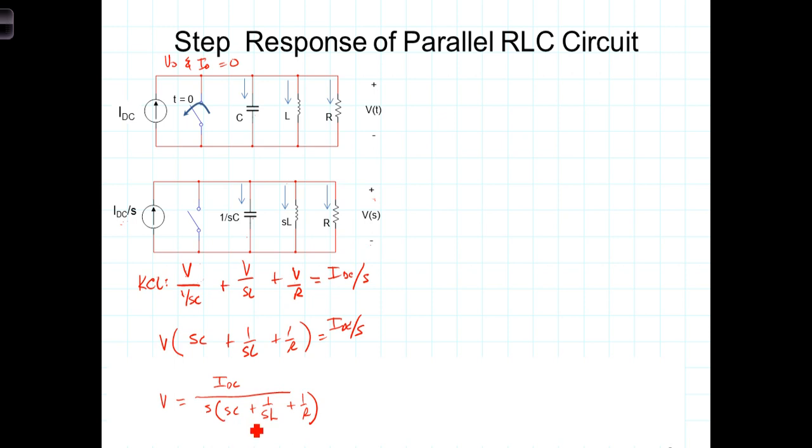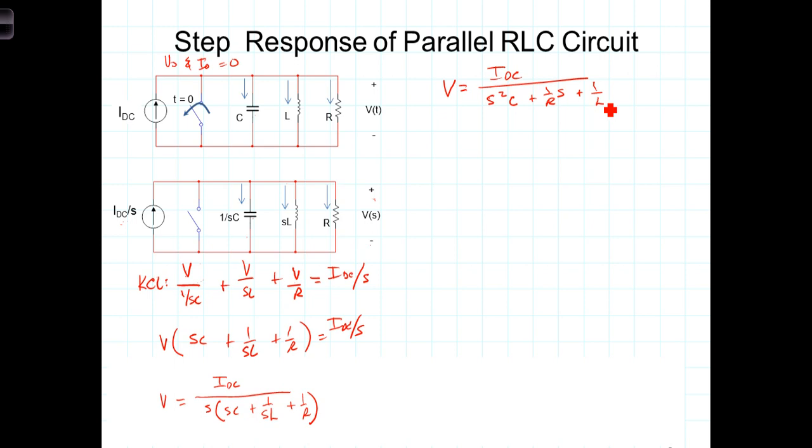So we've got an S in the denominator that we need to get rid of, and we'd like to get rid of this C. First of all, let's go ahead and distribute the S. We get an S squared term here, the S's cancel here, and we get an S over R. So V is equal to IDC divided by S squared times C plus S over R plus 1 over L.